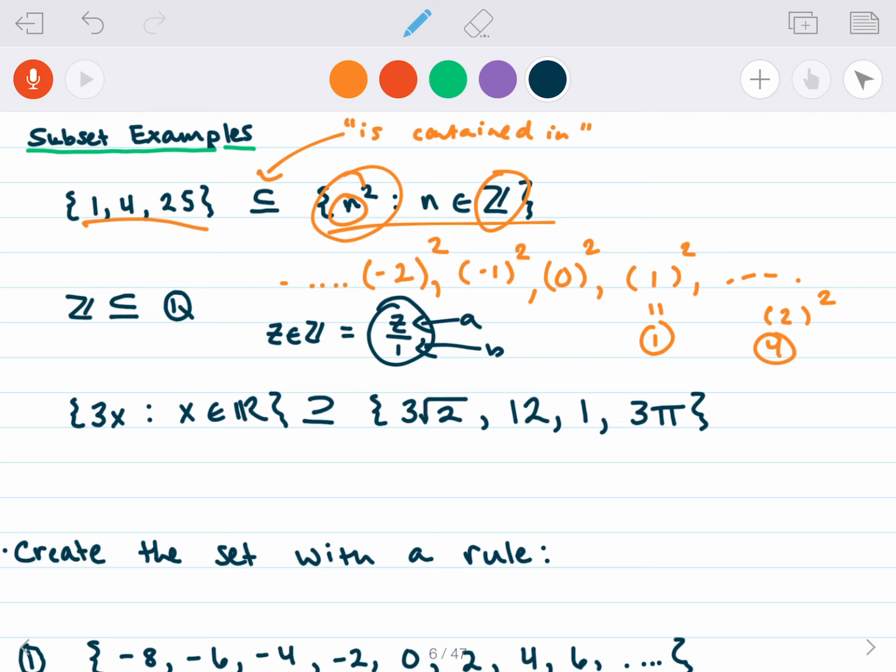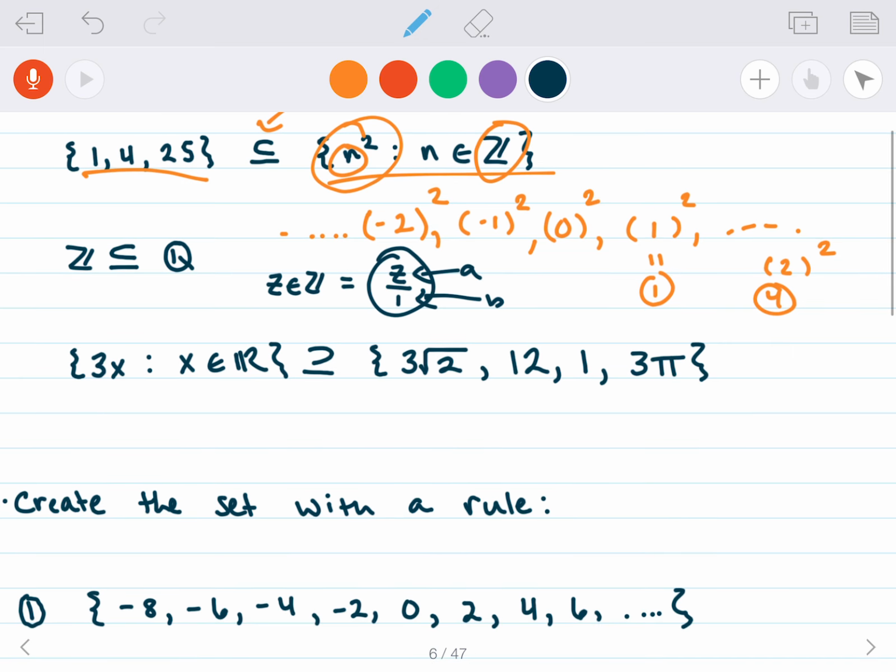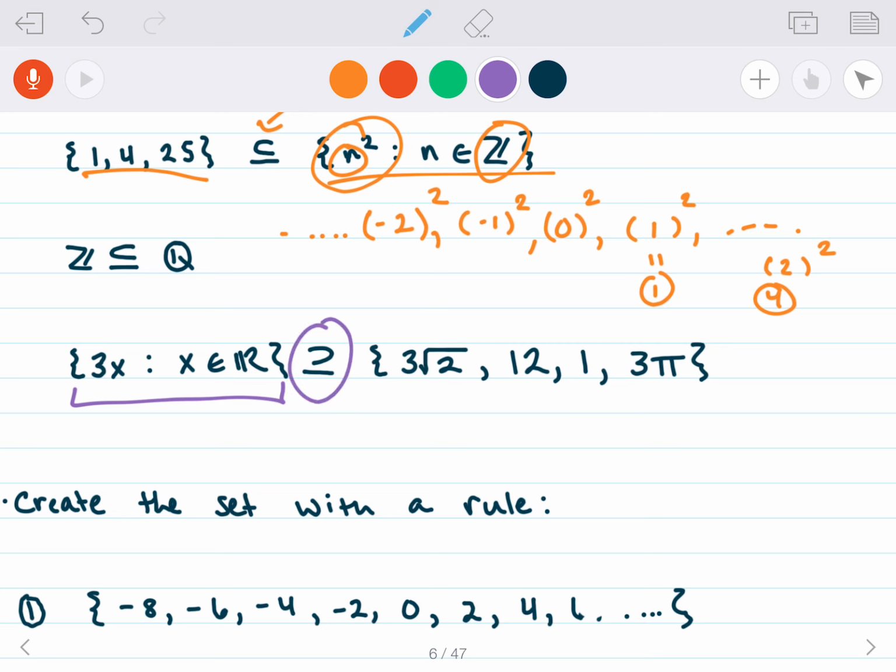So z is completely contained in Q. We can write the containment either way, like the inequality signs. You can read it from left to right and say this set contains this set, or from right to left and say this set is contained in this set.